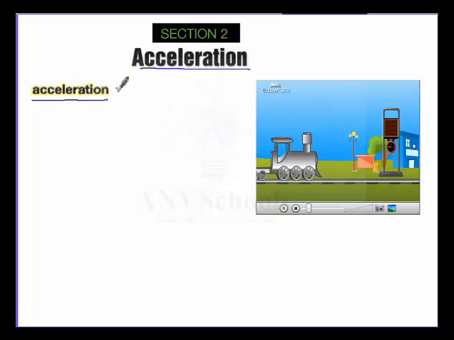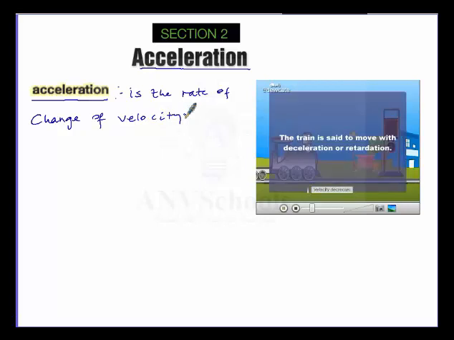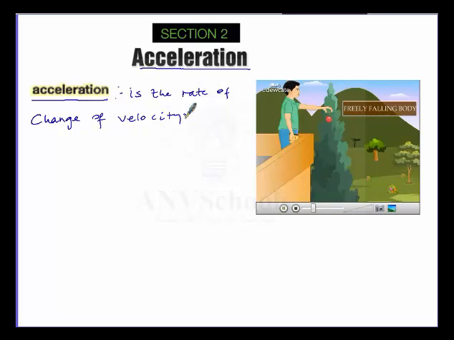Acceleration is defined as the rate of change of velocity. As you can see here in this train, the train is said to move with acceleration or deceleration if and only if the velocity changes.